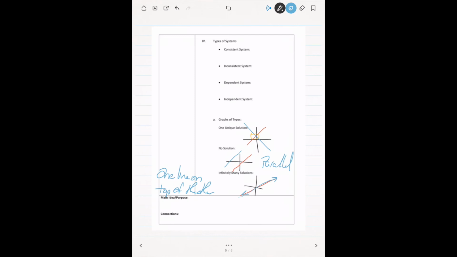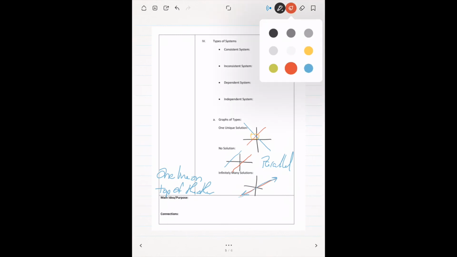You have two of the same line. And the equations might look different. One might be a multiple of the other. But at the end of the day, if you solved it for y equals mx plus b, let's say, you would have the exact same line. And so the same line intersects with itself infinitely many times. That's how you can get infinitely many solutions.